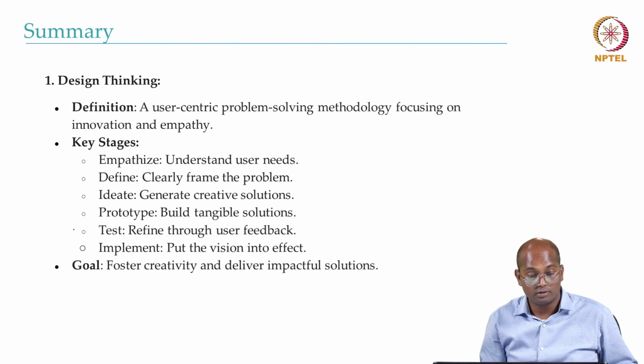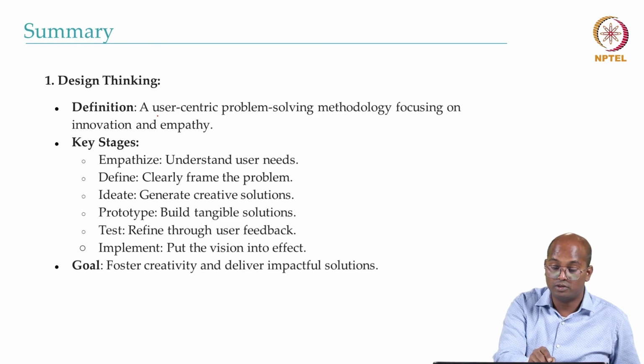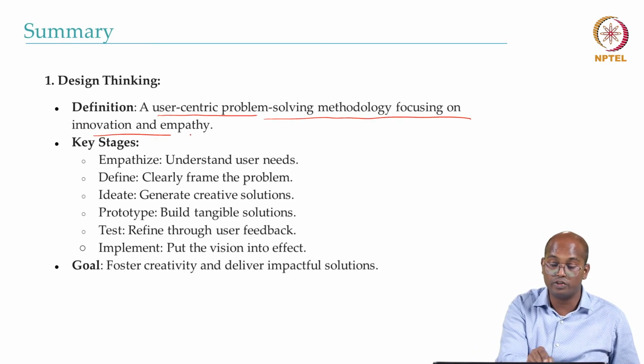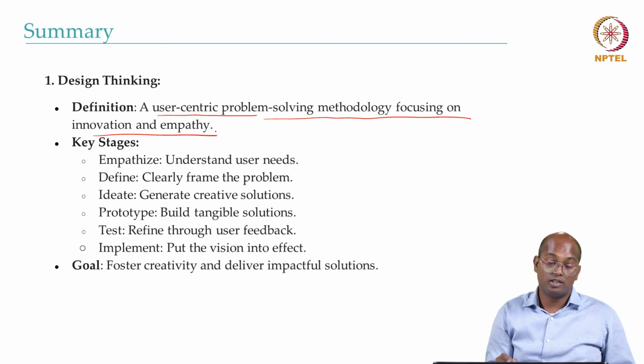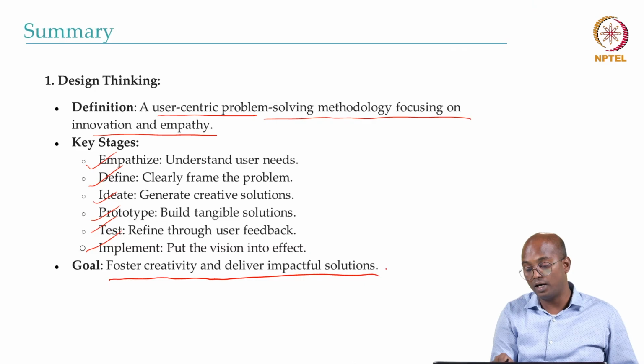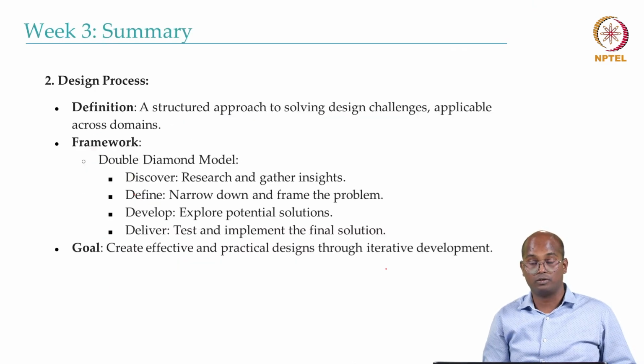So the summary is, design thinking is a user-centric problem-solving methodology focusing on innovation and empathy. The key stages involve empathy, define, ideate, prototype, test, and implementation, with the goal of fostering creativity and delivering impactful solutions.